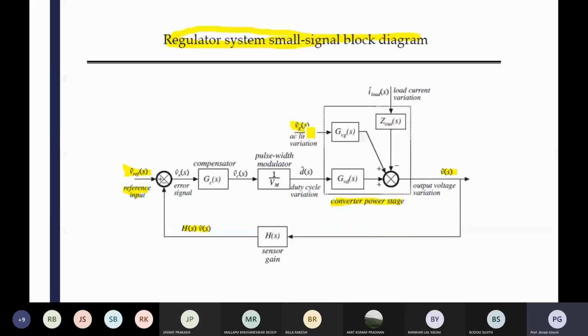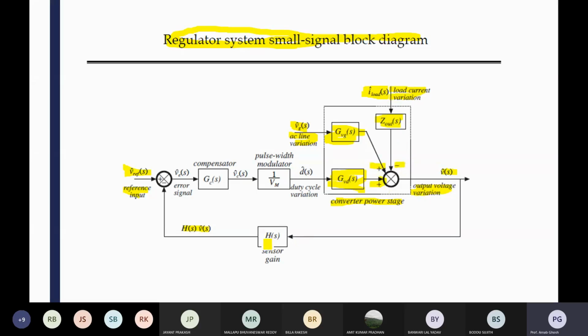VG is the AC line variation, the gain of your input voltage. GVD is the gain of your duty ratio, and Z out S is your output load. The load current variations give you the output variations, with plus and minus values.